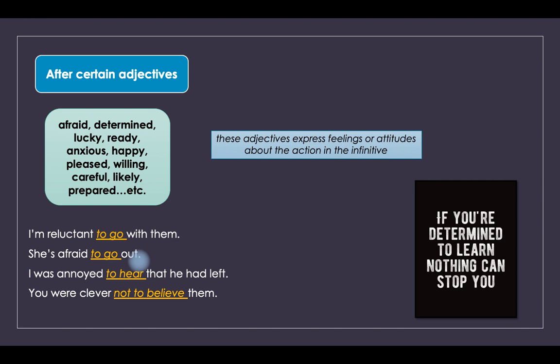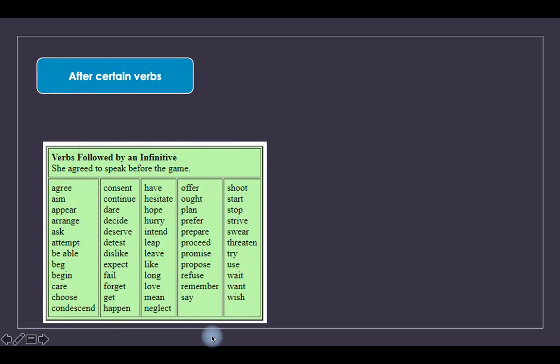If you are determined to learn, nothing can stop you. Yeah? Determined to learn. Use the infinitive form of the verb here, because we have determined, yeah, the adjective. Like with gerunds, we also use infinitives after certain verbs.